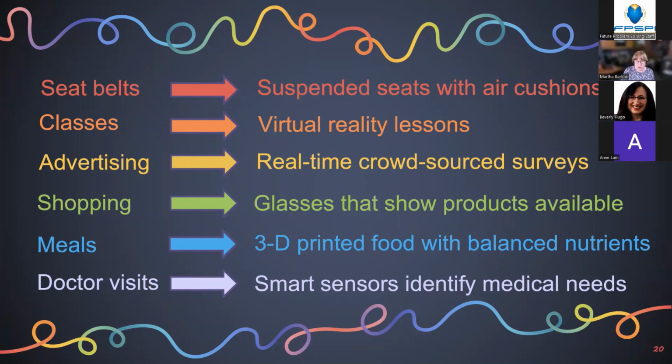Shopping: when you go in a store, could they hand you glasses, if you're not into the whole virtual reality glasses thing, that as you walk around show you the products that are available in a more advanced way than just looking at them on a table or hanging up? Meals: 3D printed food, and amazingly that was just recently in a future scene. So some of these things on a list I created a while ago have actually ended up in our future scenes.